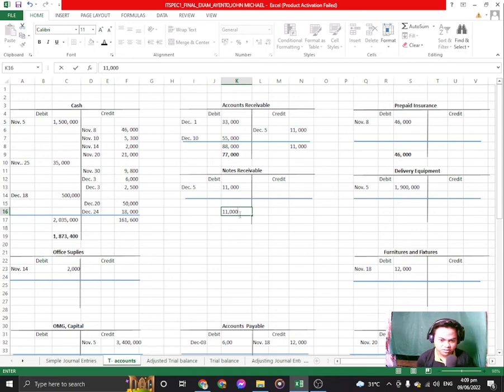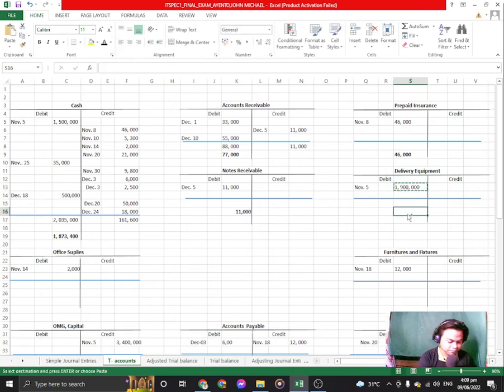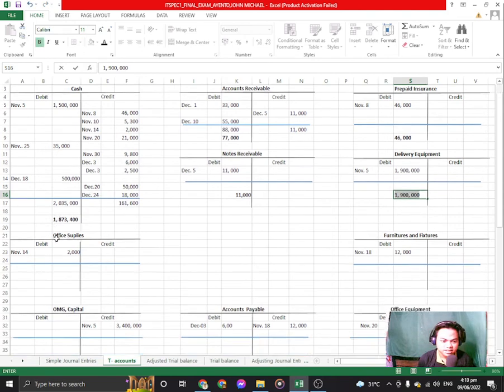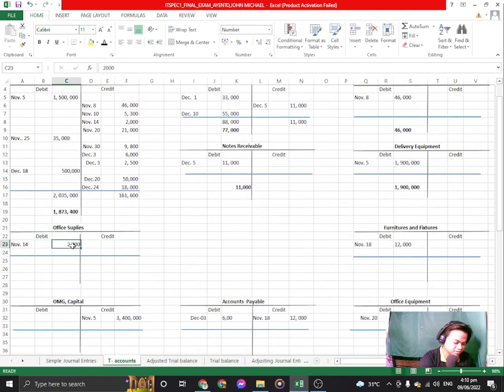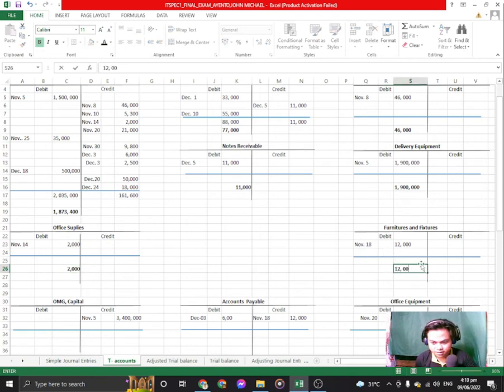Then, down na nato ang mga single, kanang wala siya. And then here, copy na siya. Then here, 2,000. And then here is 12,000 pesos. Then here is 3,400,000 pesos.